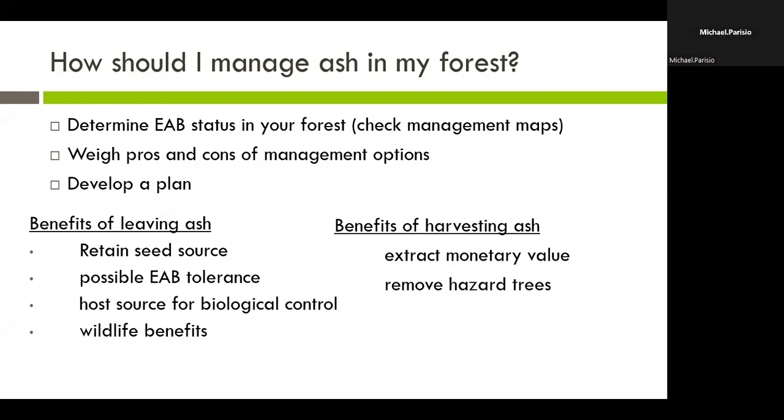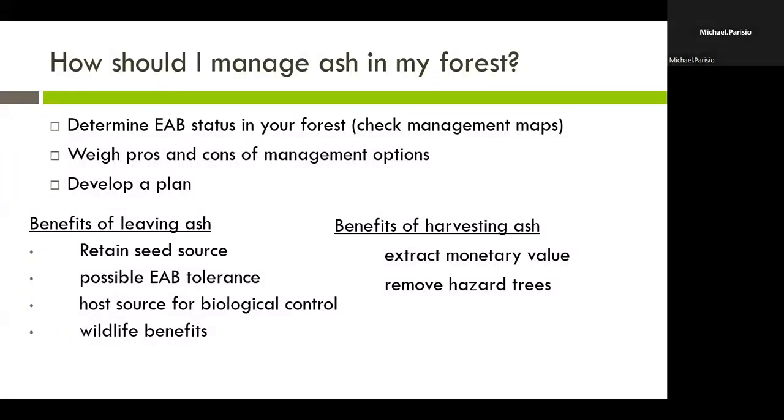So one of the main things to consider is what are the benefits of leaving ash versus harvesting it? The benefits of harvesting are pretty obvious. You get to extract some economic value from those trees before they get killed. If you have land that's used for recreation, you're also removing potential hazard trees.